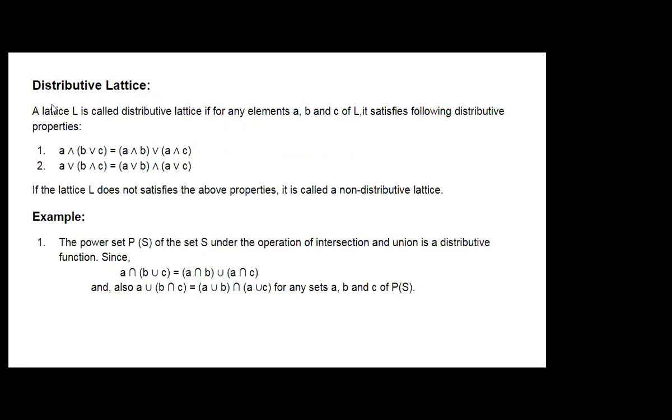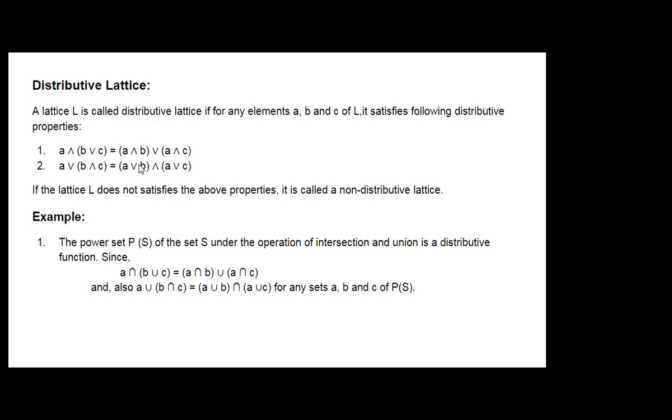Then comes the distributive lattices. A lattice L is called a distributive lattice if for any elements A, B, and C of L, it satisfies the following distributive properties: A and (B or C) is equal to (A and B) or (A and C), and A or (B and C) is equal to (A or B) and (A or C).